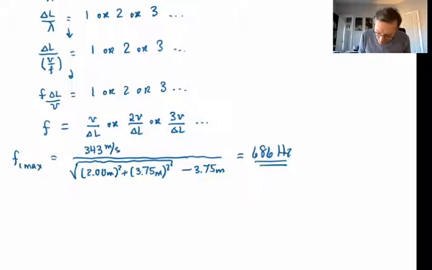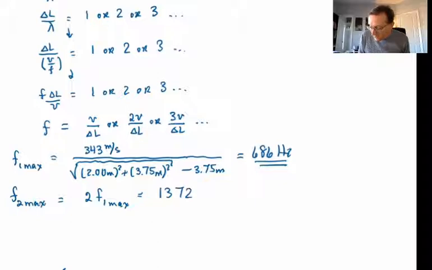And now I'm going to find the second frequency for fully constructive interference. That's 2V over delta L. That's just 2 times F1 max, right? So that's 1372 hertz. So that's the next frequency at which you'll get fully constructive interference.